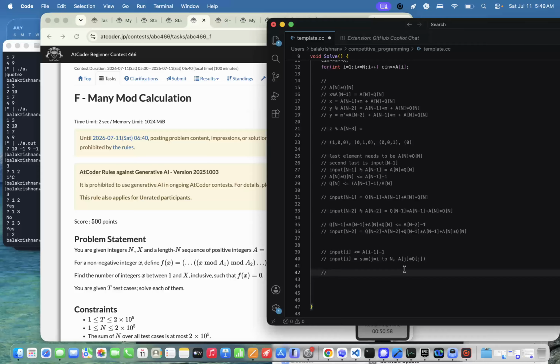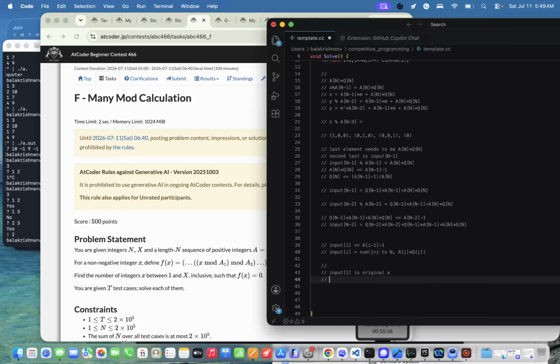Input of I. So input of 1 is x, the original x. So input of I goes to a of I.